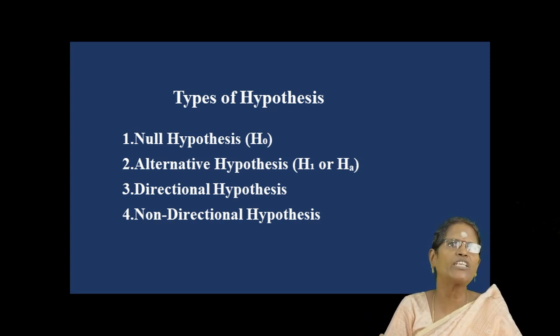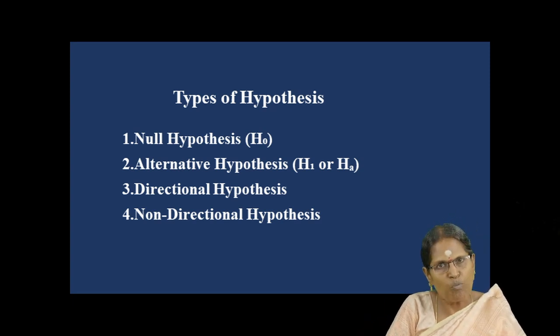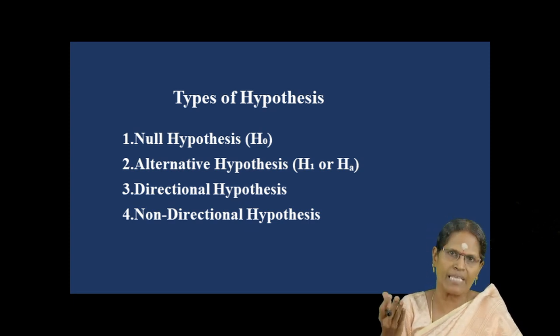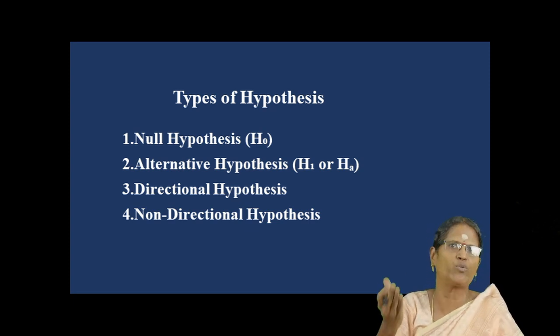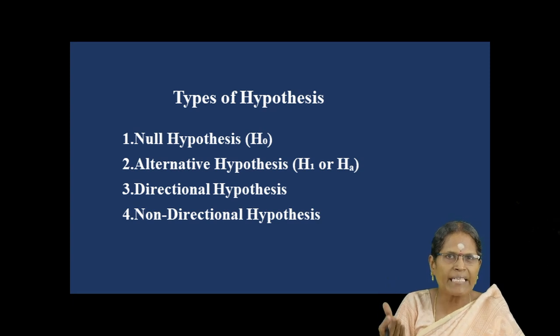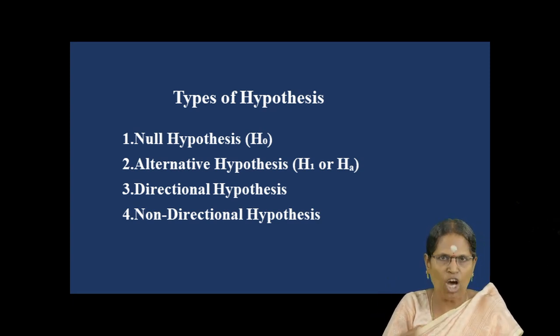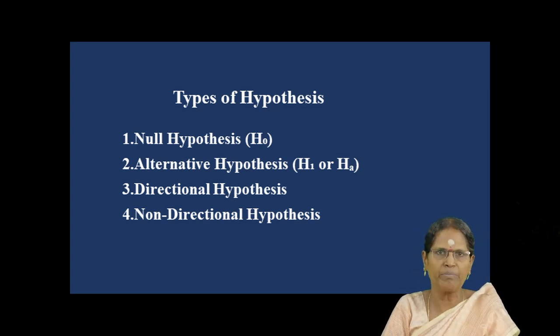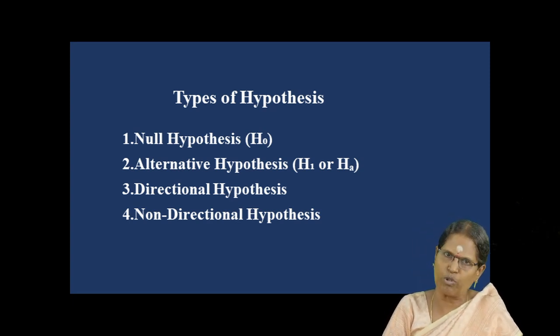So here the direction is mentioned. Whenever the advertisement expenditure is increased, the sales volume is also increased. So here the direction is positive. If the direction is not mentioned in the hypothesis, then such a hypothesis is termed a non-directional hypothesis.